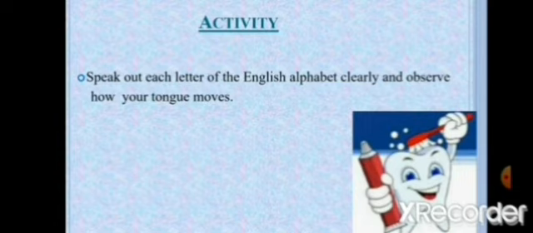You all will enjoy this. In this activity, you have to speak out each letter of the English alphabet clearly, and you have to observe how your tongue moves when you are trying to speak that alphabet. Just try it and you will enjoy it.